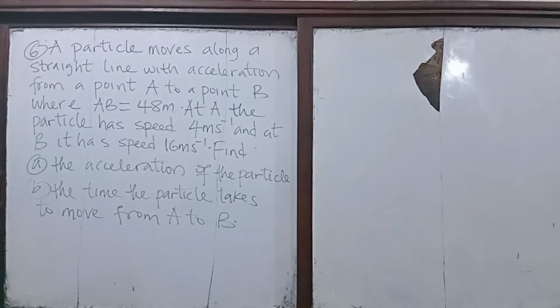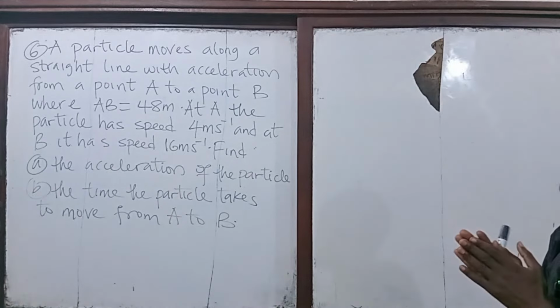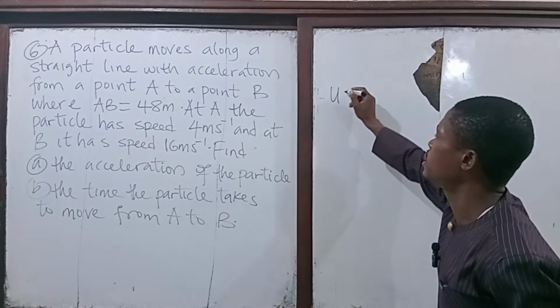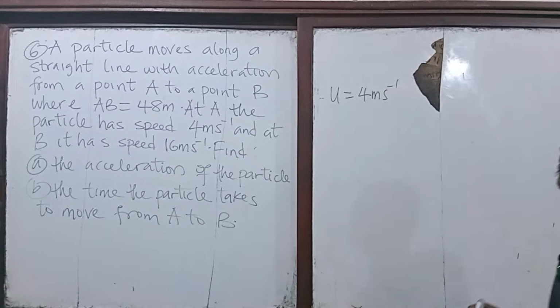At A, the particle has speed 4 meters per second, so that will be U. U is 4 meters per second at A, and at B, it has a speed of 16 meters per second.